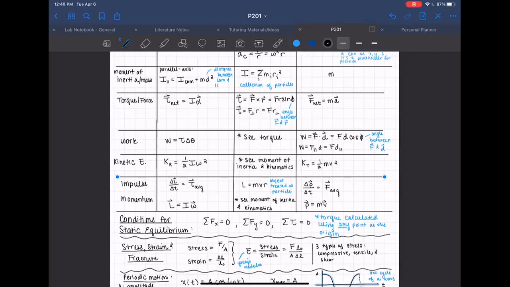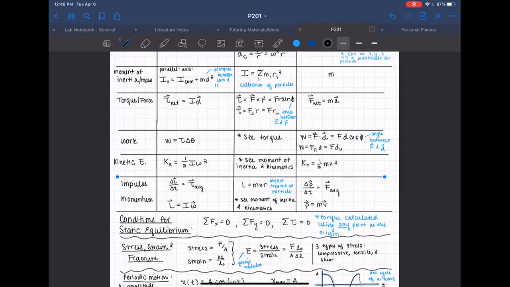So same as for kinetic energy, you would use the moment of inertia equation for whatever object you have to sub in for I, and then for omega, you could put in V over R. If, say, for some reason they were asking you for a linear quantity, but they gave you angular momentum, that's how you would do something like that.